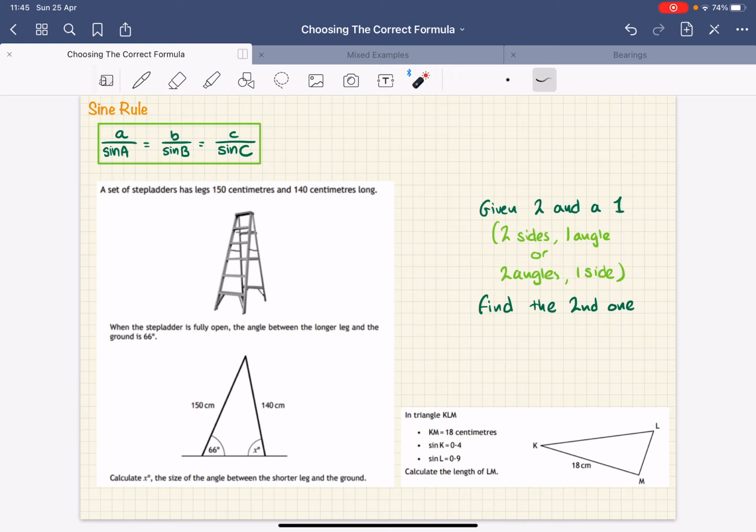So for example, for this one here, being asked to find the second angle, and this one here being asked to find a second side. So if you are wanting to look out for something a bit more specific with sine rule, look for that 2 and a 1.